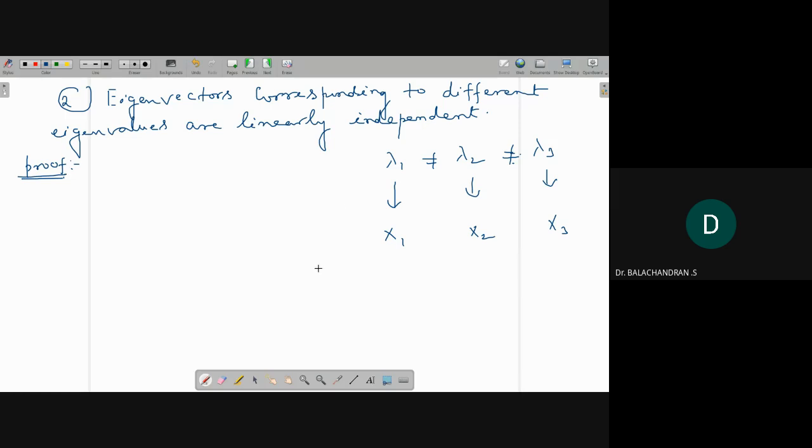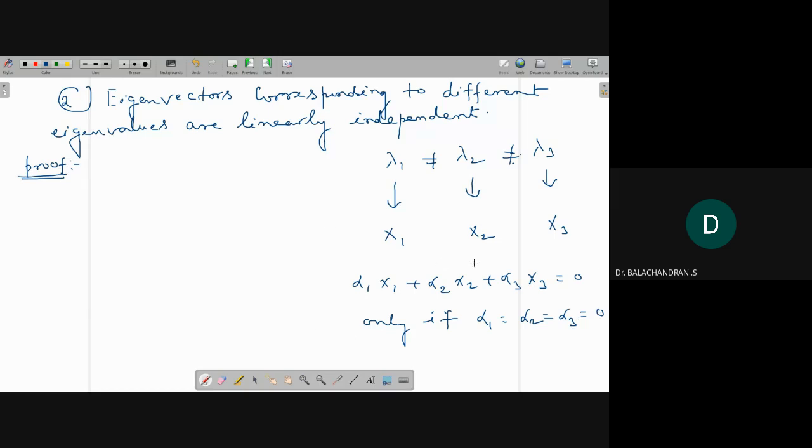I gave the definition: alpha 1 x1 plus alpha 2 x2 plus alpha 3 x3 equal to 0 only if alpha 1 equal to alpha 2 equal to alpha 3 equal to 0, then the vectors x1, x2, x3 are linearly independent.